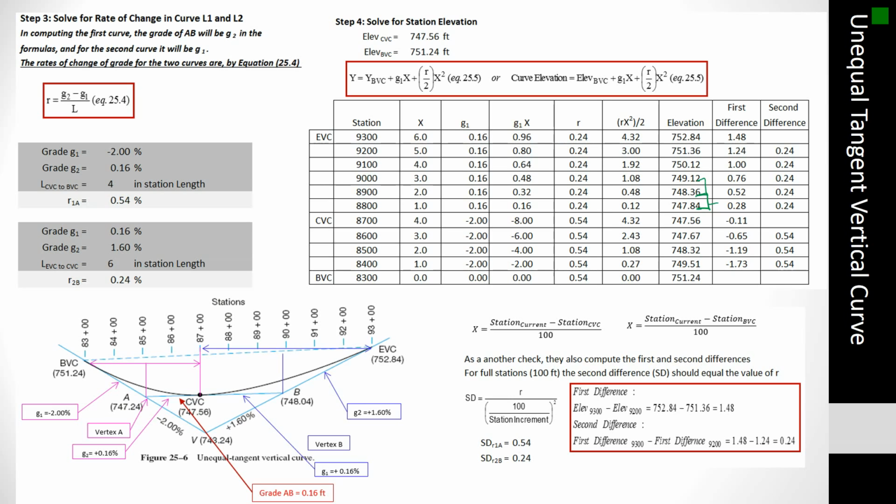And then in this one, you're differencing these two values to get the second difference. Okay, this just confirms that you're calculating it correctly. This isn't required for figuring out elevations. This is just confirmation. All right, so that's it for figuring out unequal tangent curves or compound vertical curves.